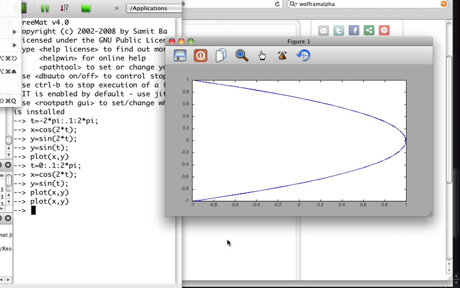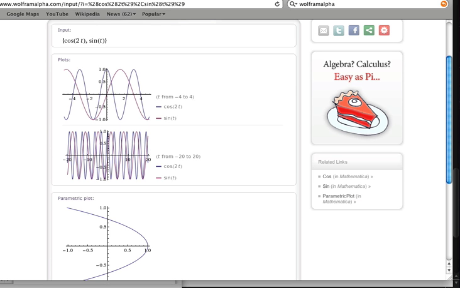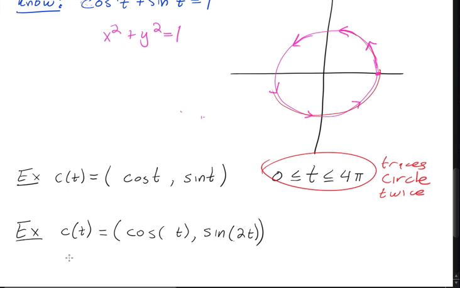So if you plug in, when t is 3 pi over 4, then what is cosine? X is negative root 2 over 2.